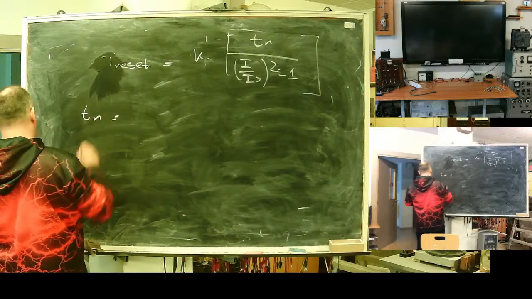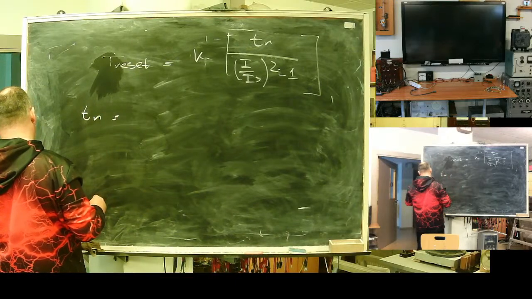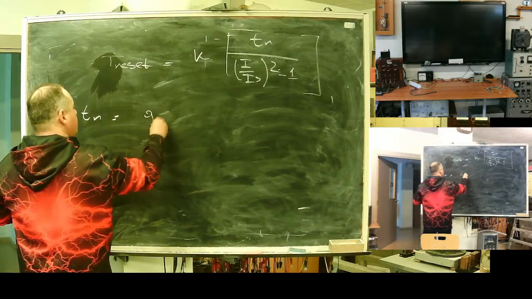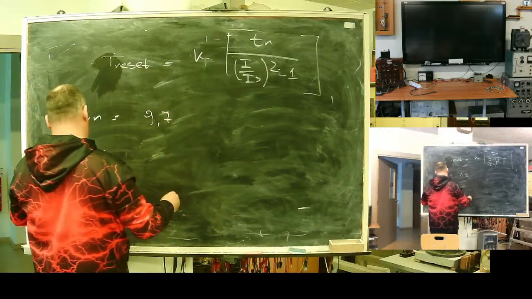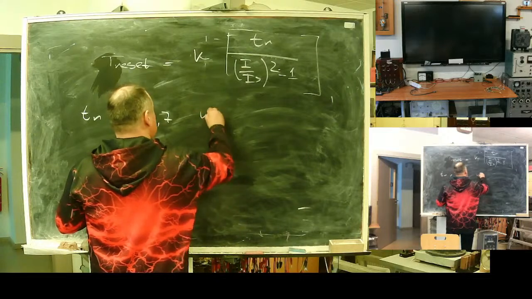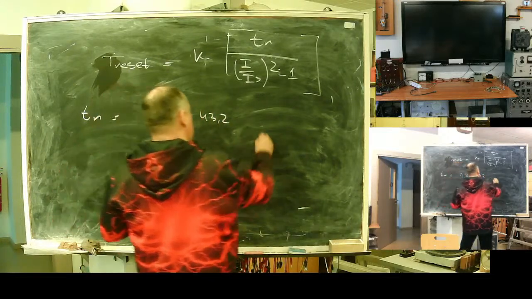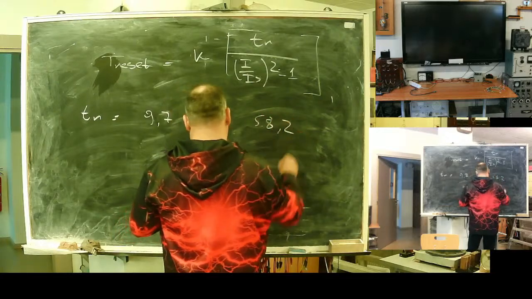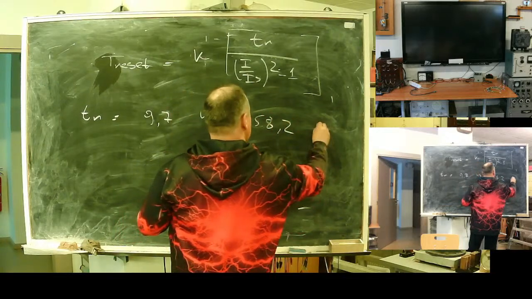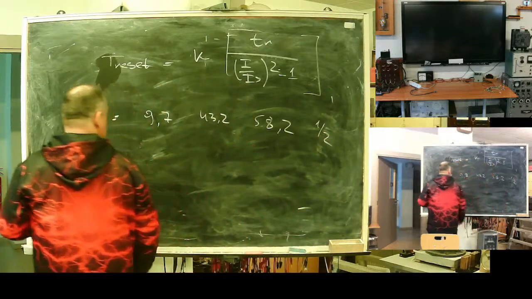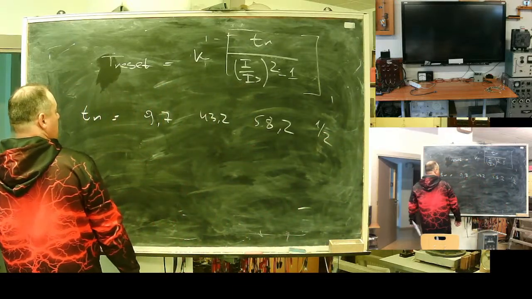TR for our characteristics: 9.7, 43.2, 58.2, and 1/2. The reset time in seconds for our characteristics.